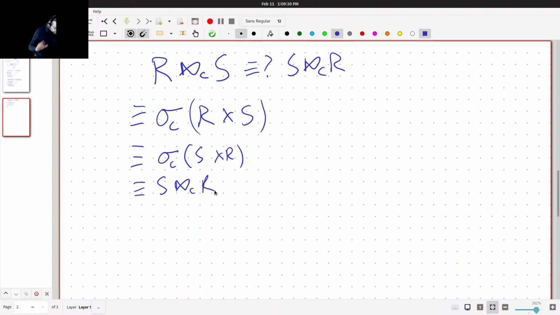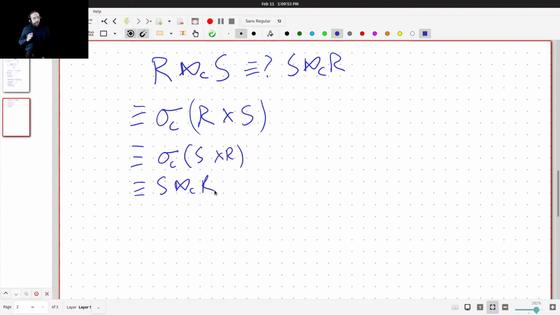Now, I wanted to go through this exercise just to get you to recognize that essentially another rule in our toolbox is the fact that join and selection sitting on top of a cross product are essentially the same thing. So that's important to recognize. We'll get back to that a little bit later in the class.